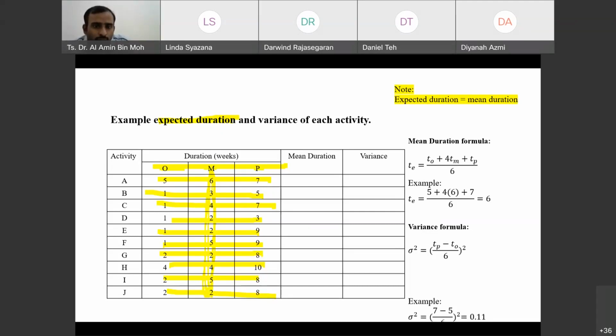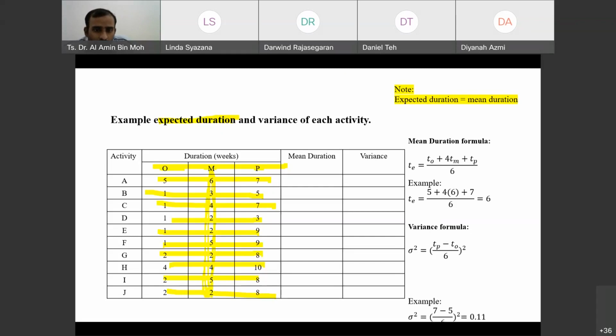So we need to add 4 times the most likely time. So 6 plus 7, and you're going to get the average. So you're going to get this value. Okay, it's going to be 6 here. And you need to calculate the variance.